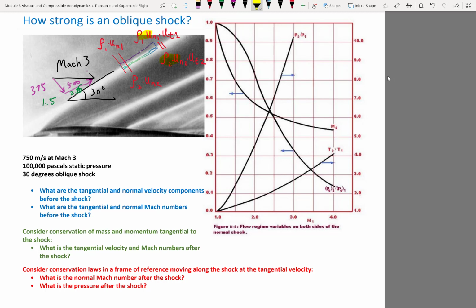And we also know basically everything, right? The temperature, pressure, etc. And what is the pressure after the shock? Would you tell me that? How do you look up the pressure after the shock?